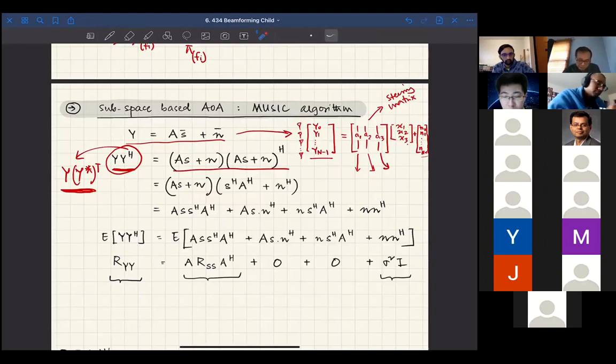Now, this signal that you've gotten is at one timestamp. It's at one snapshot, right? Now you can get multiple snapshots and you can make this vector a matrix where the first column is time t1, second column is time t2, third column is time t3, and so on.